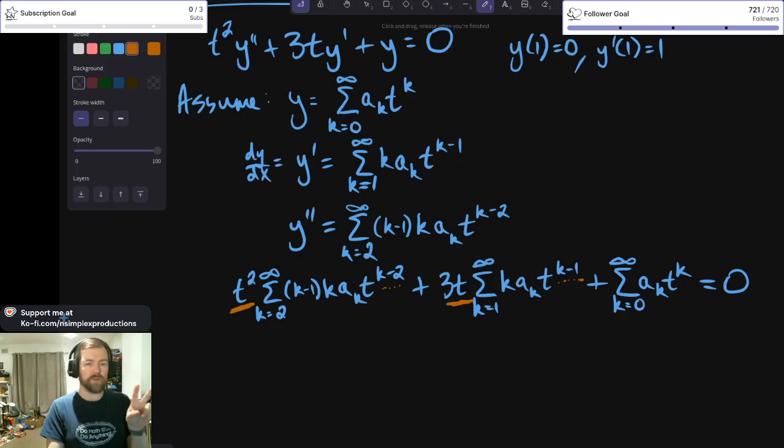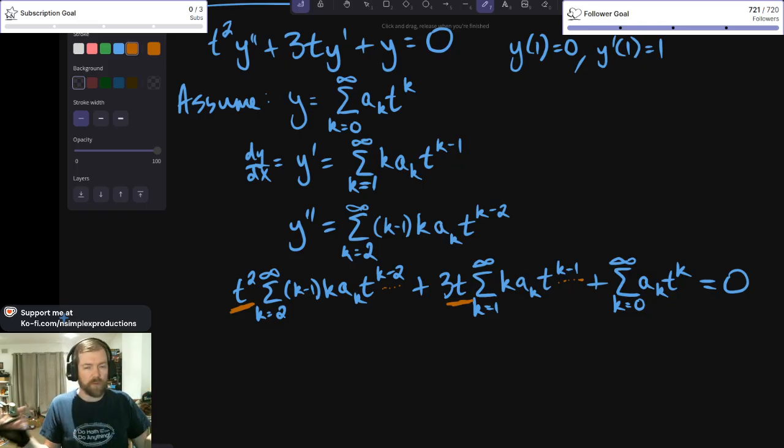So there are two ways to deal with this. One is that you bring in the t's because they're not a variable in terms of the summation, right? If you have a t that's multiplied on the outside of a bunch of sums, then you're just multiplying it to each one of those things.